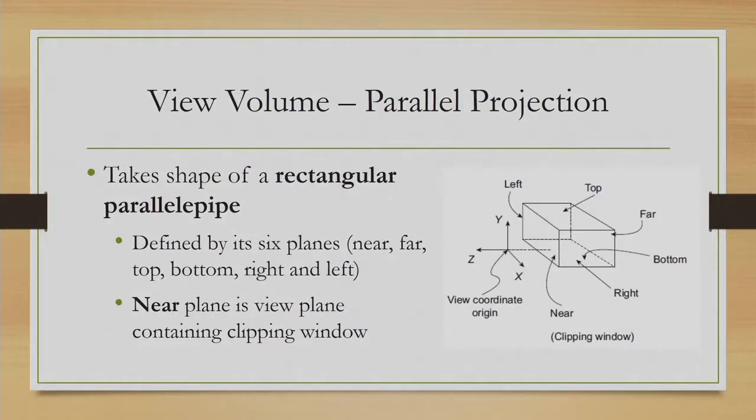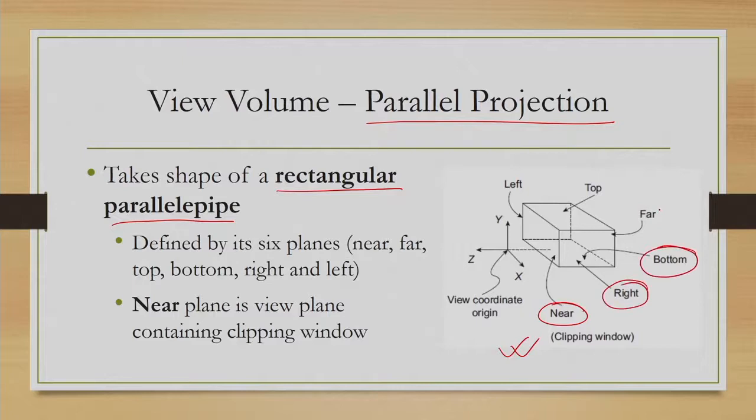Now, in case of parallel projection, the view volume takes the shape of a rectangular parallel pipe, as shown in this figure. Here there are 6 faces marked as near to the view plane, then right, bottom, then far plane, top and left plane.